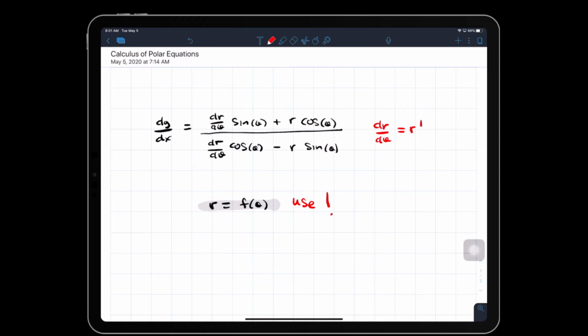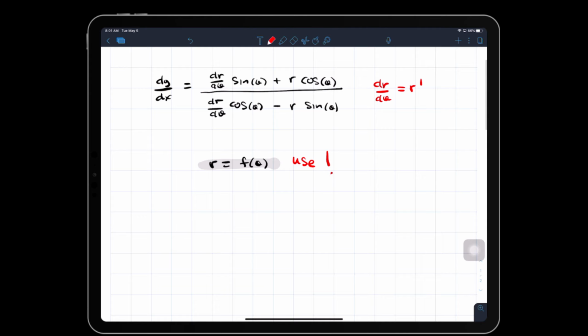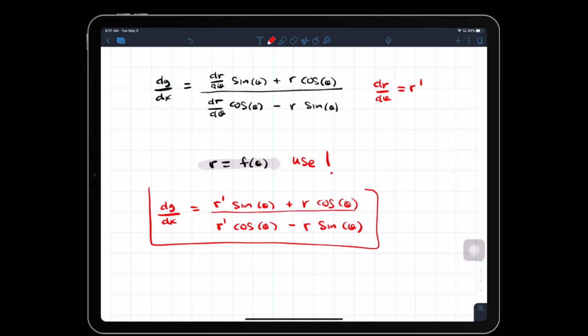So you can see in a lot of books, as kind of a shortcut for finding dy dx, you'll see r prime sine theta plus r cosine theta over r prime cosine theta minus r sine theta. So either format is fine.